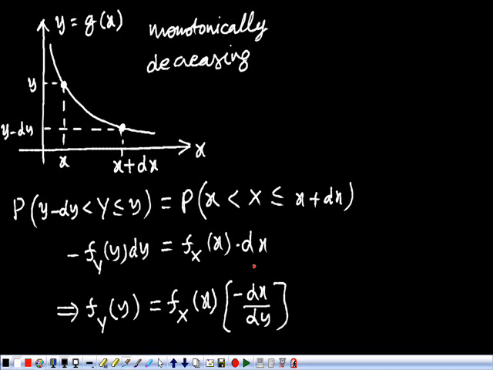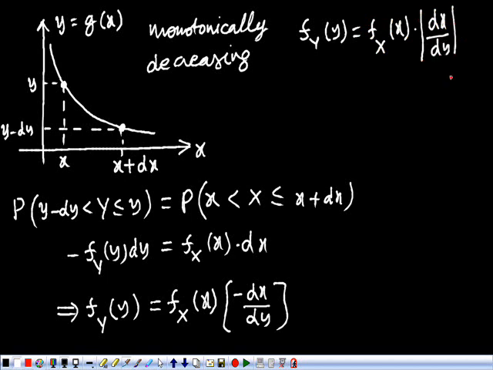So if you consider both cases and generalize it, you can consider the modulus. Therefore, for either monotonically increasing or monotonically decreasing, we can write fy of y as fx of x into modulus of dx by dy at x equivalent to g inverse of y.